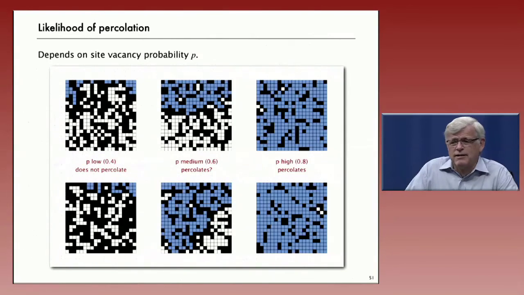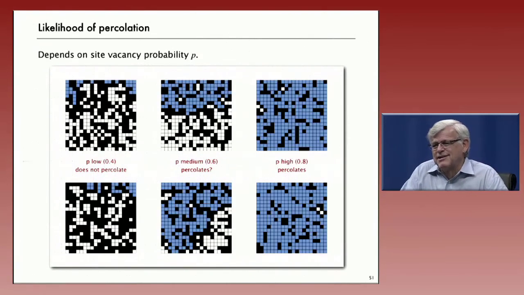So we're talking about a randomized model where the sites are vacant with a given probability. And so it's pretty clear that if the probability that a site is vacant is low, as in the 2 examples on the left in this diagram, it's not going to percolate. There's not enough open sites for there to be a connection from the top to the bottom. If the probability is high and there's a lot of open sites, it definitely is going to percolate.